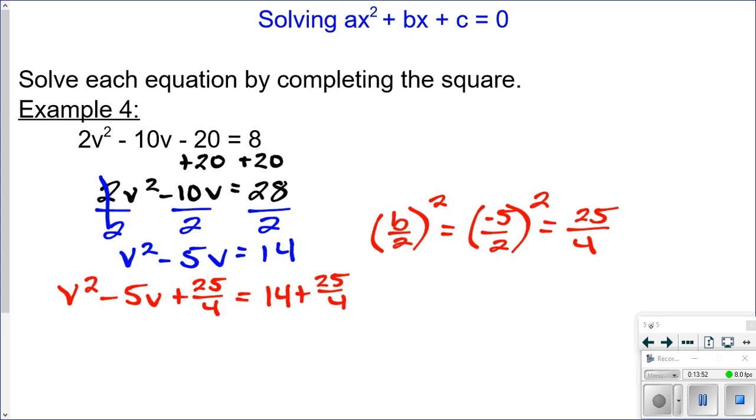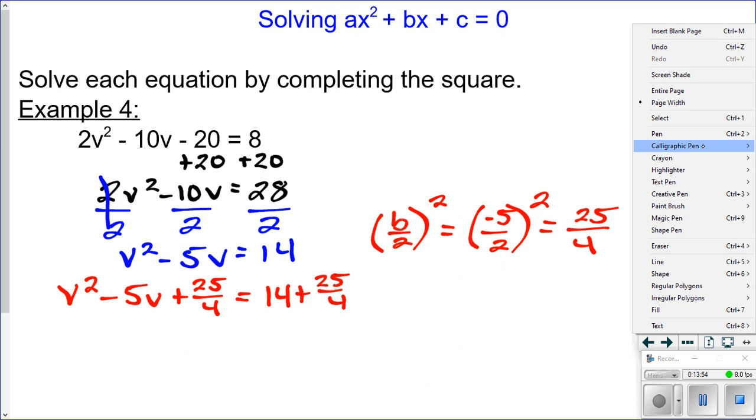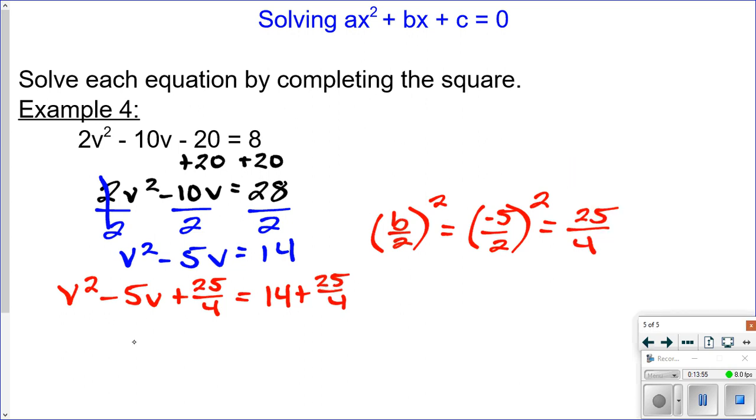So go ahead and factor this. So it's a minus sign because of this minus sign. Take the square root of the numerator, square root of the denominator, and you get 5/2. And then 14 plus 25/4, that comes out to 81/4.